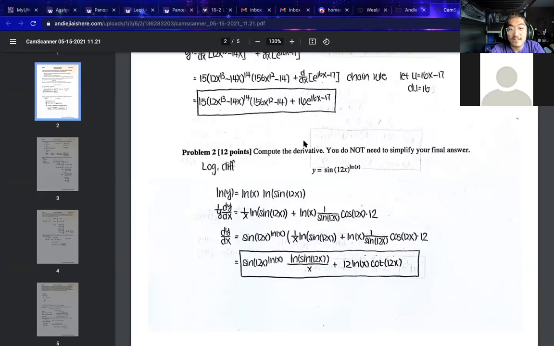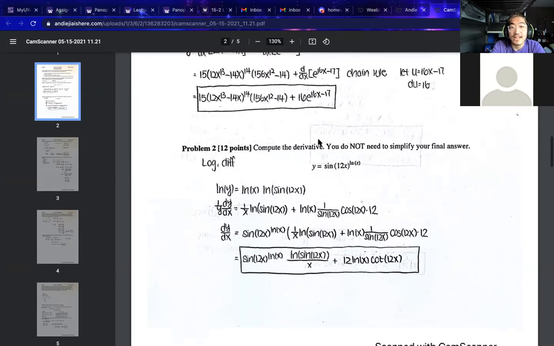Yes, the derivative of ln x is just 1 over x. So is that all the questions you want to ask?